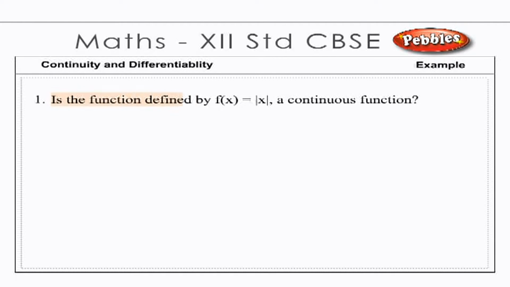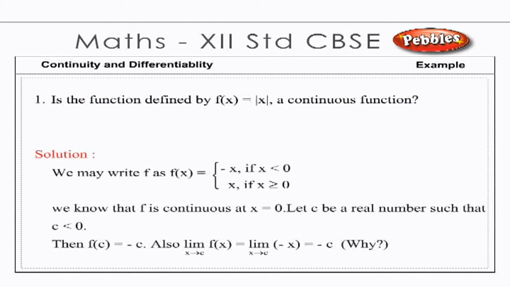Is the function defined by f of x equal to modulus of x a continuous function? Solution: we may write f as f of x equals minus x if x is less than 0, and x if x is greater than or equal to 0. We know that f is continuous at x equal to 0.